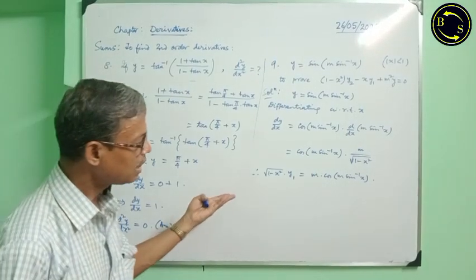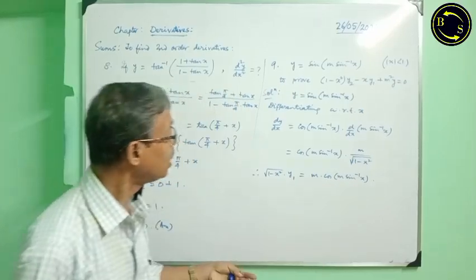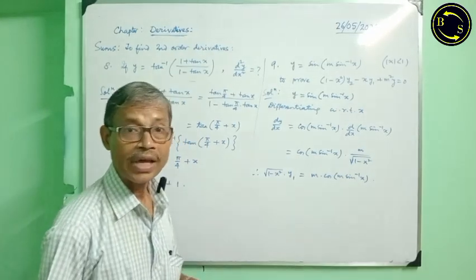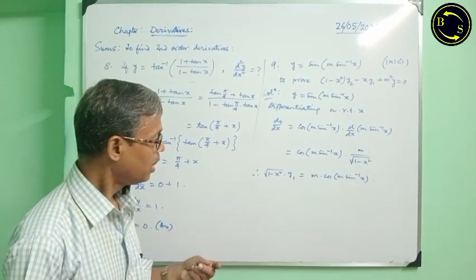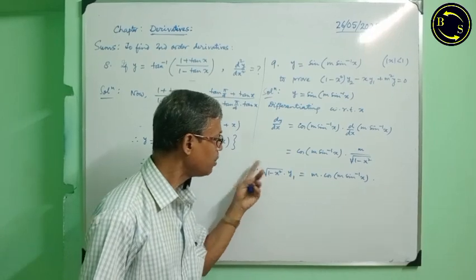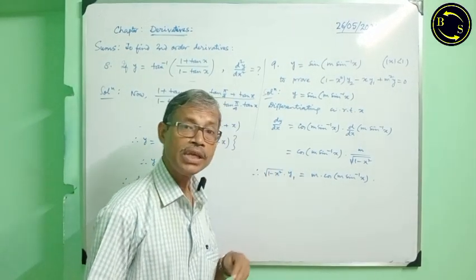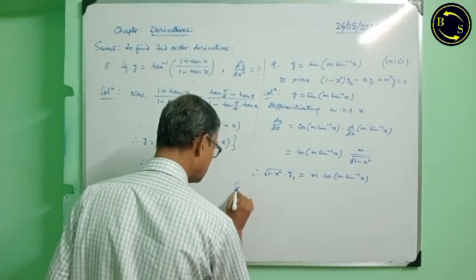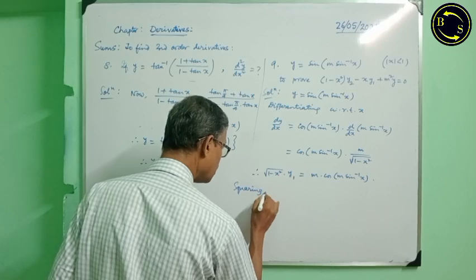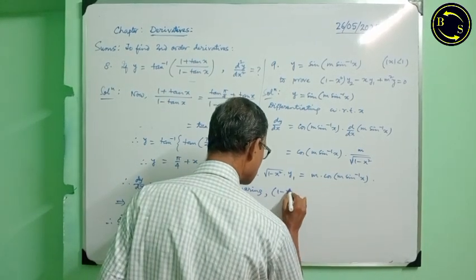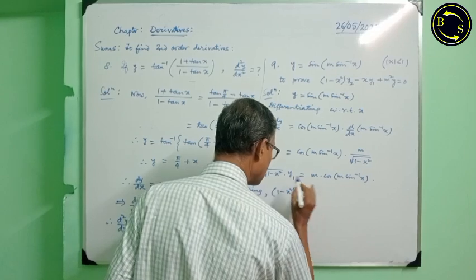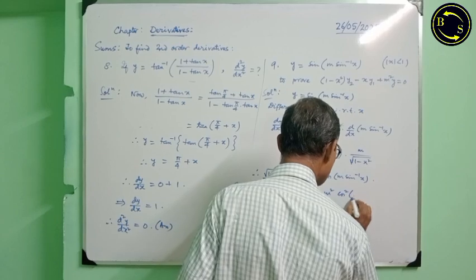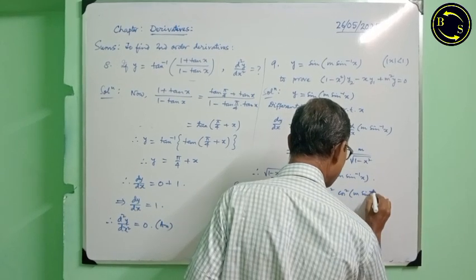Now we can differentiate both sides, or since there is a root, we can square both sides. Otherwise, if we keep it as it is, it will be a bit complicated. That is why I first square: (1 minus x square) into y1 square equals m square cos square of m sin inverse x.